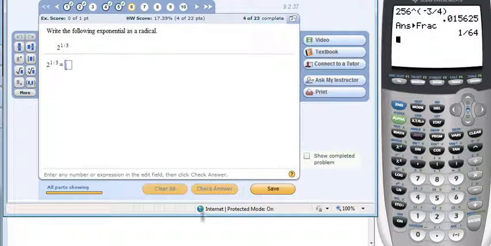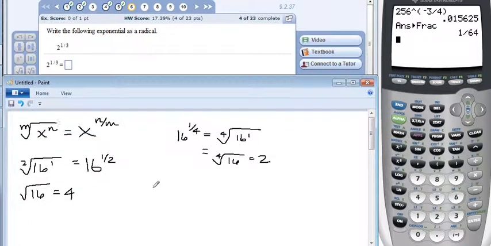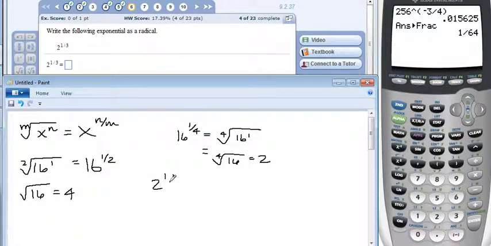All right. So now what we want is our exponential to radical conversion. Well, we have it right here. They just want us to write it as a radical. Well, that's really easy, isn't it? If I have 2 to the 1/3 power, I'm using this form and going into that form, so that would be the cube root of 2, right?